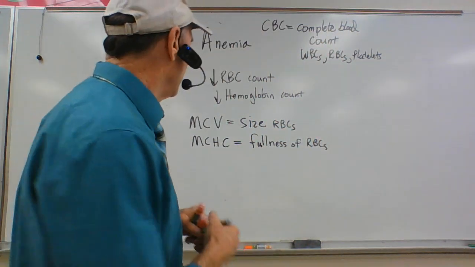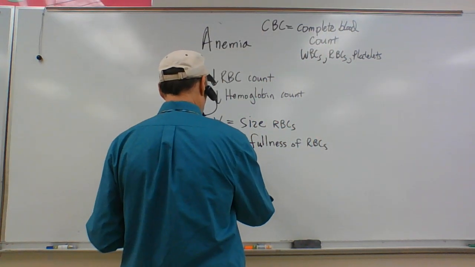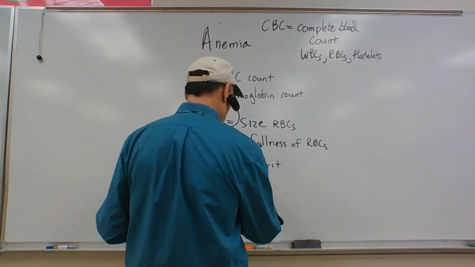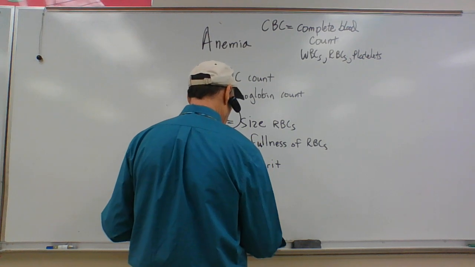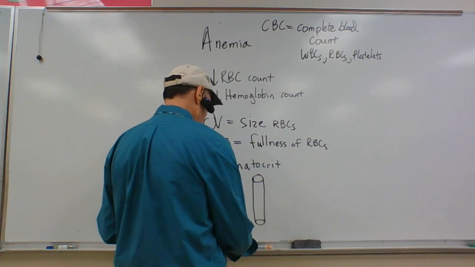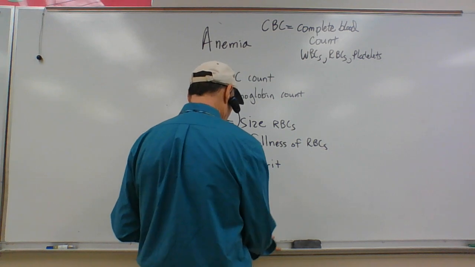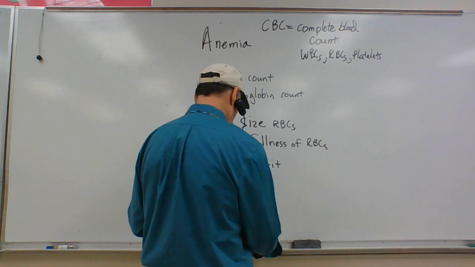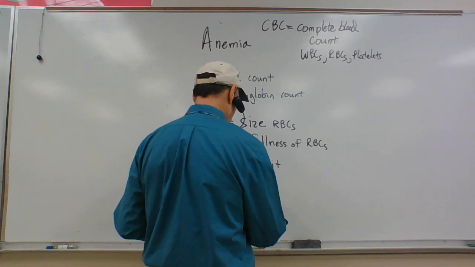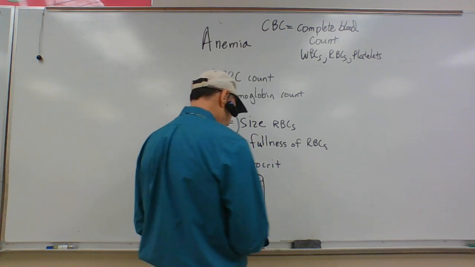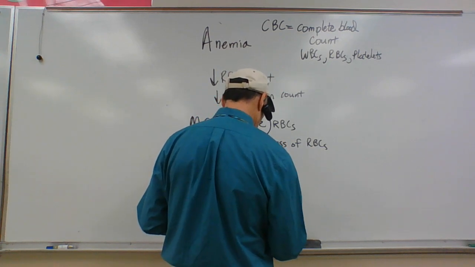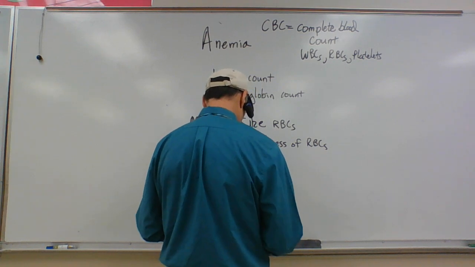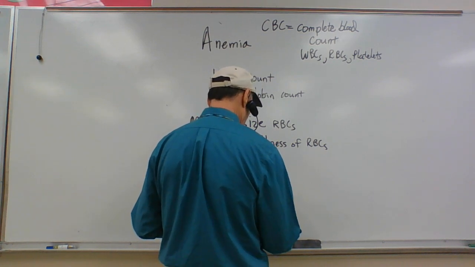What was a hematocrit? We did that in class. That was when we spun our blood in the centrifuge, and we got about 45% was the formed elements, and about 55% was plasma.